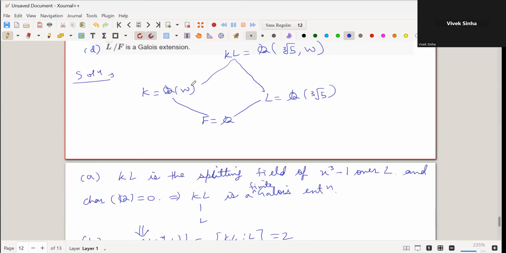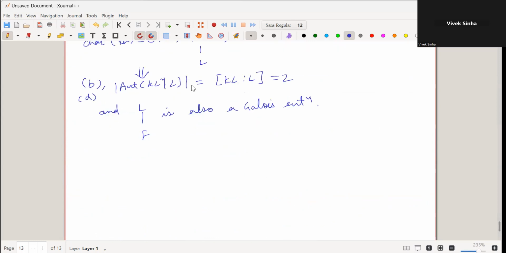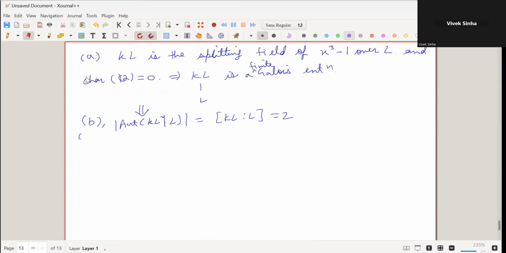L over F is not a Galois extension. So it has two polynomials. What are those?